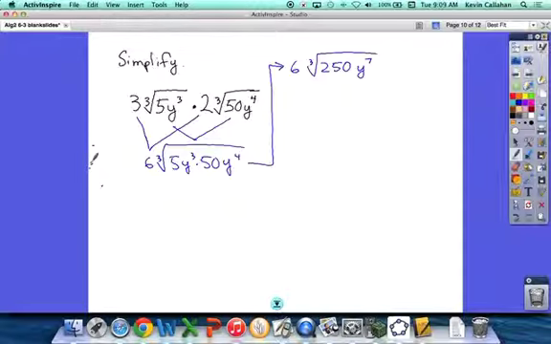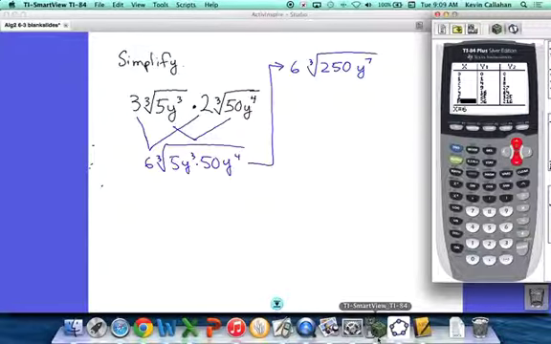Okay, so that's what we need to simplify. Again, we're going to look in our calculator to see whether or not 250 happens to be a perfect cube. So let's see. It goes from 125, 216, 343. No, it jumps right over 250.